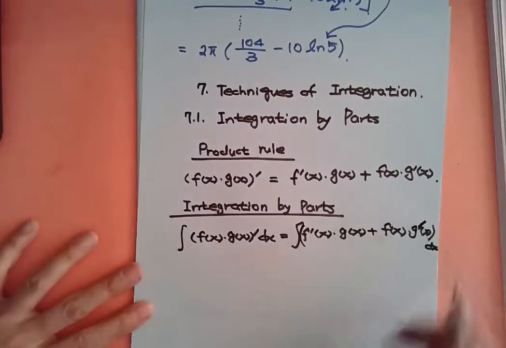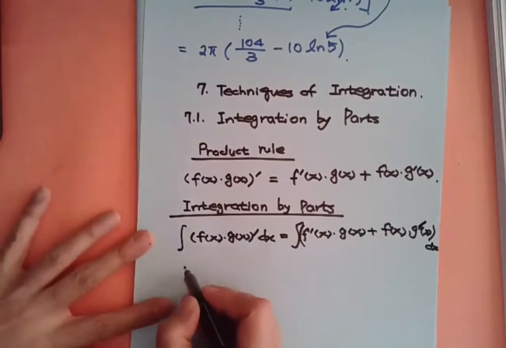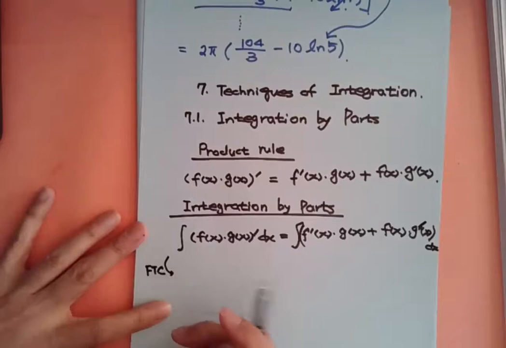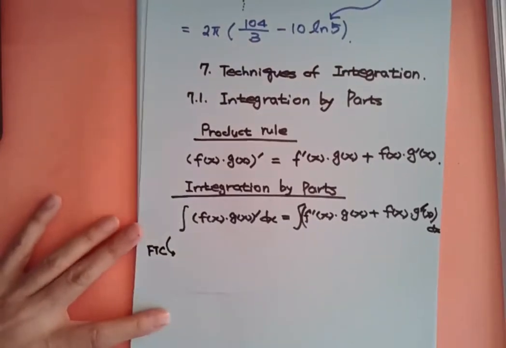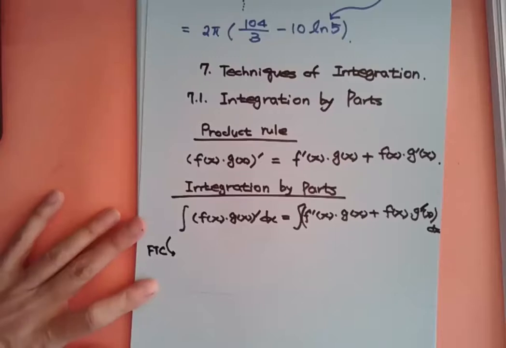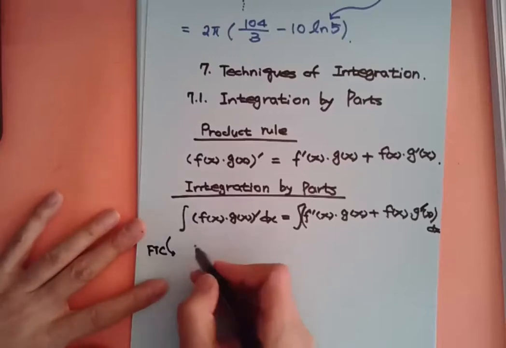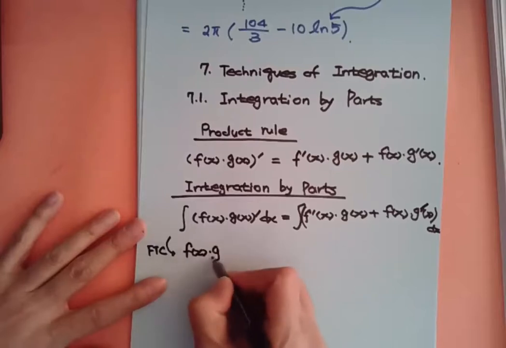From here, by the fundamental theorem of calculus, which essentially says that integration and differentiation are reversing operations, when we reverse the operation, we get the function itself, which is f of x times g of x.